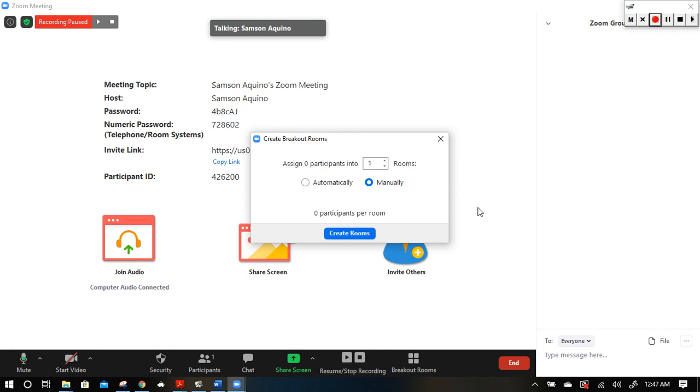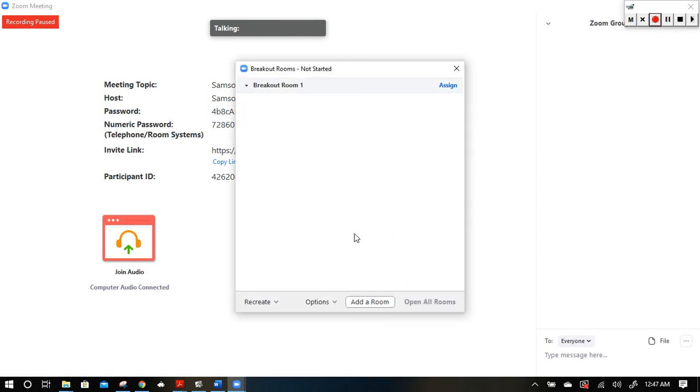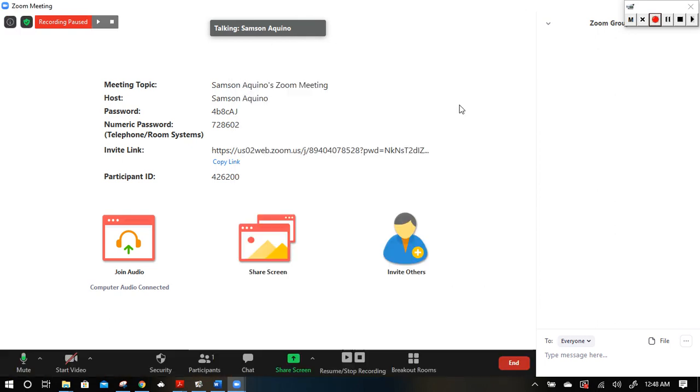When I create rooms, I can assign students, but this one I cannot because I'm the only one, I have no students here. But say for instance, they are done discussing the problem and they already have the answer. After 10 minutes, we'll come back.